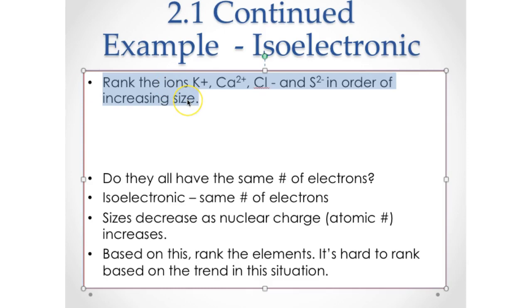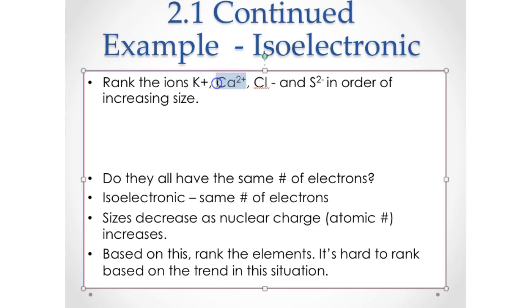So it says rank the ions K plus, Ca2 plus, Cl minus, and S2 minus in order of increasing size. And it's really hard. If you look at the periodic table and try this, you can't figure it out because this guy shrinks.